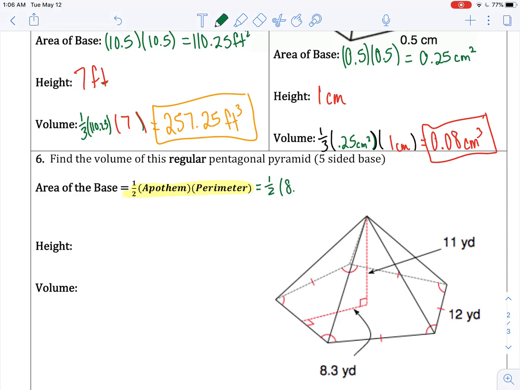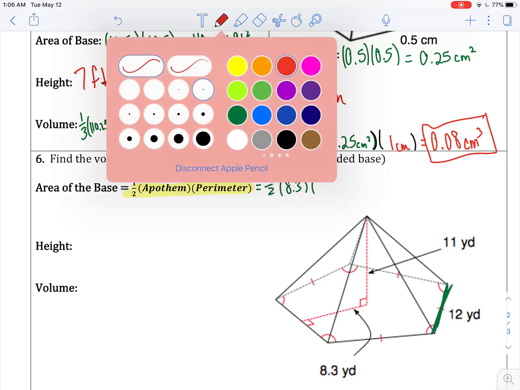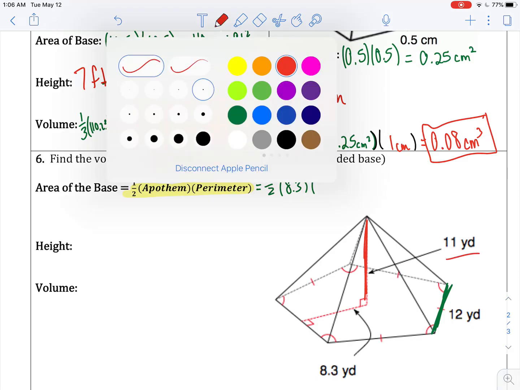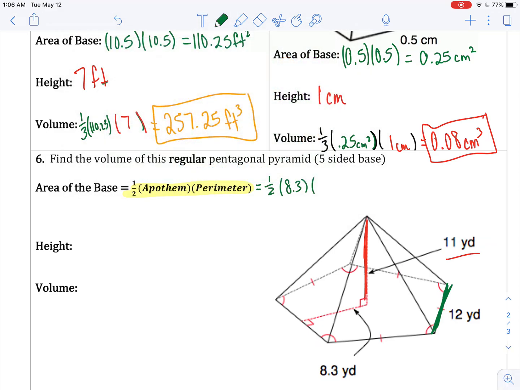The apothem is 8.3, and for the perimeter, you've got to make sure that you use the correct measurement. This 11 yards is for the height, and 12 yards is for the side length of the base. So be very careful about that. 12 times 5 is 60 for the perimeter. The height is 11, so the volume is 1/3.